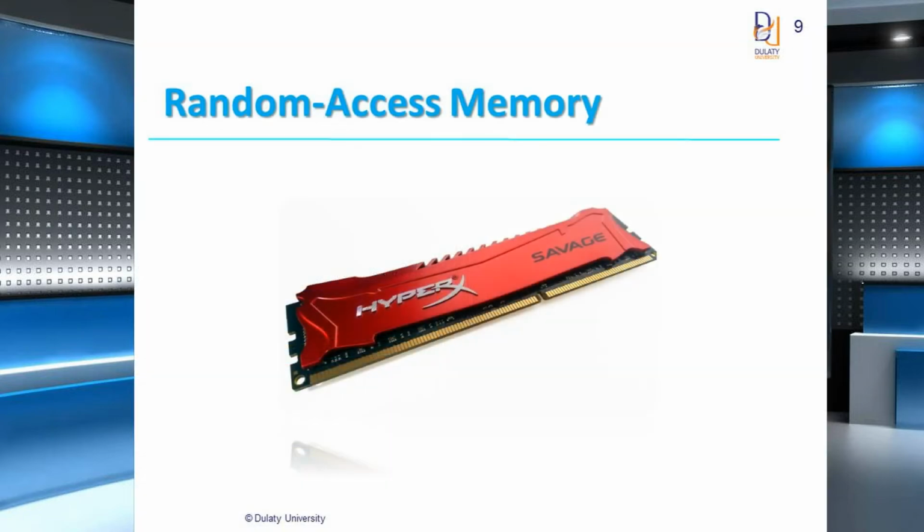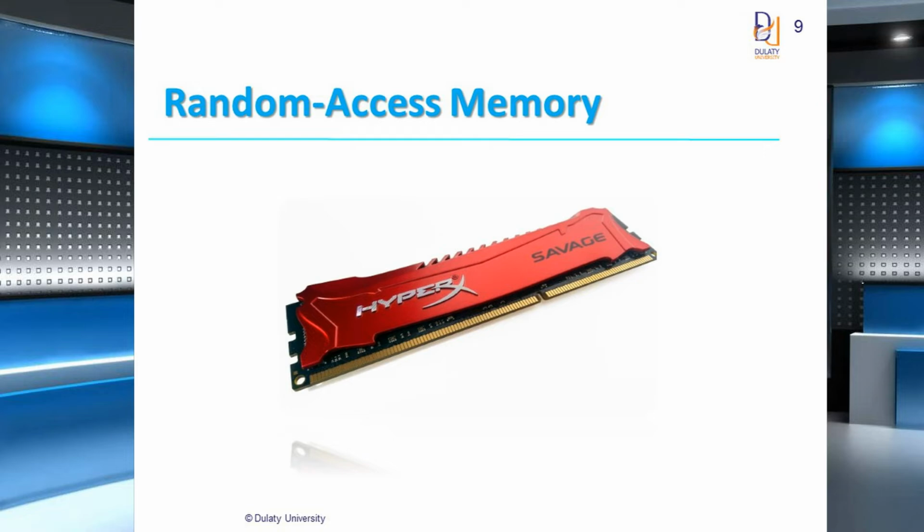Random access memory. When a computer starts up, it begins to load information from the hard disk into its working memory. This memory, called random access memory, can transfer data much faster than the hard disk. Any program that you are running on the computer is loaded into random access memory for processing.